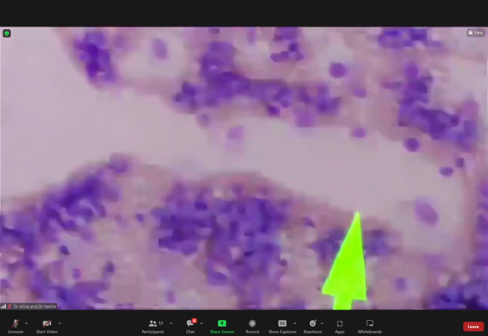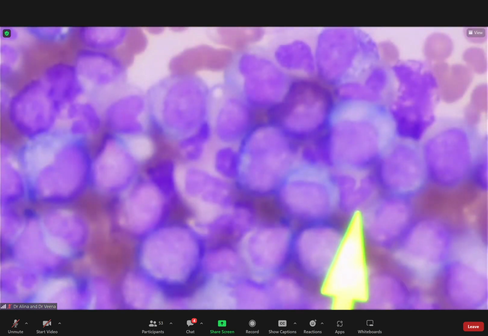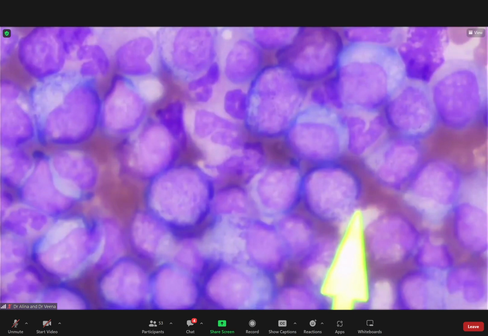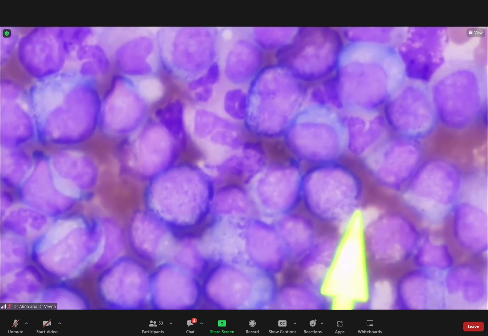Okay, I'm trying to see whether we can look. While there is a bipeak maturation, not many of you were able to pick up that there's actually an increased number of blasts.